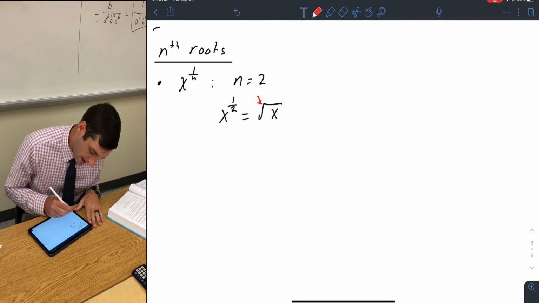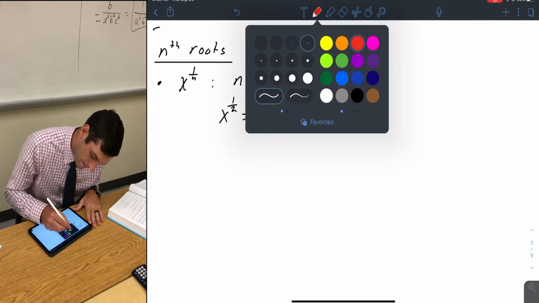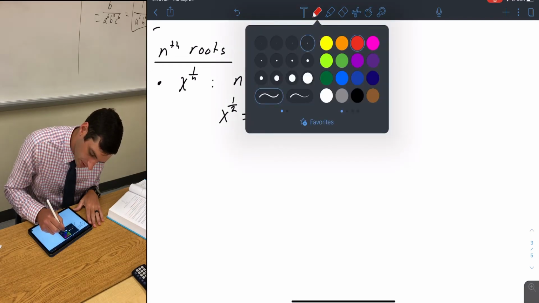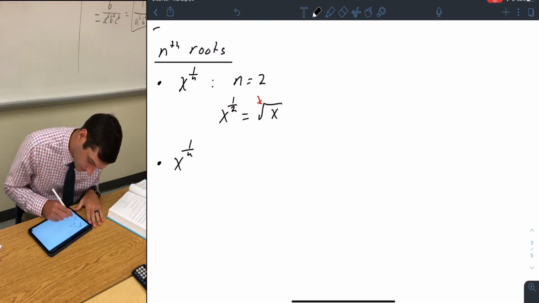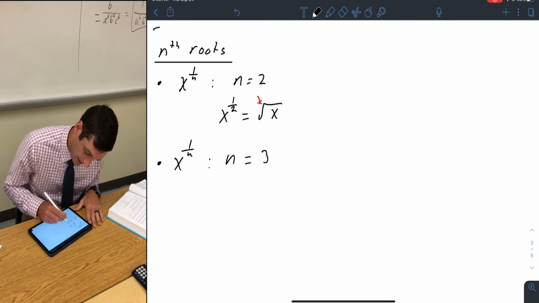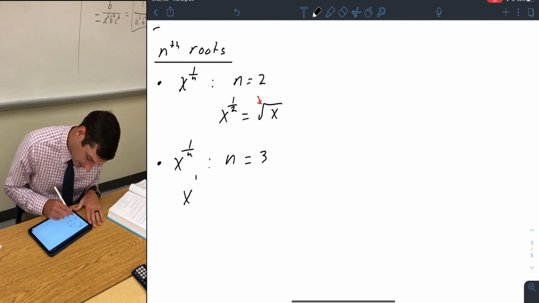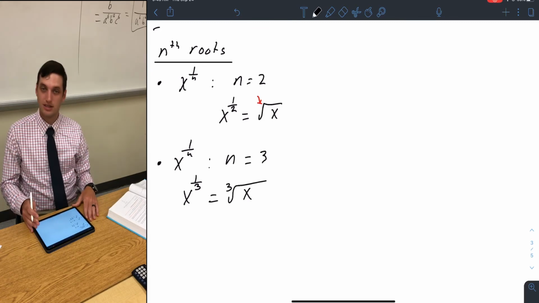But let's say that n is greater than 2, such that n is equal to 3. So now this leaves us with x to the 1 over 3 is equal to the 3rd root of x.